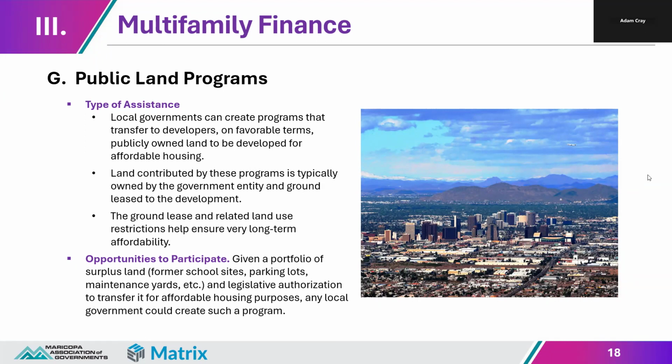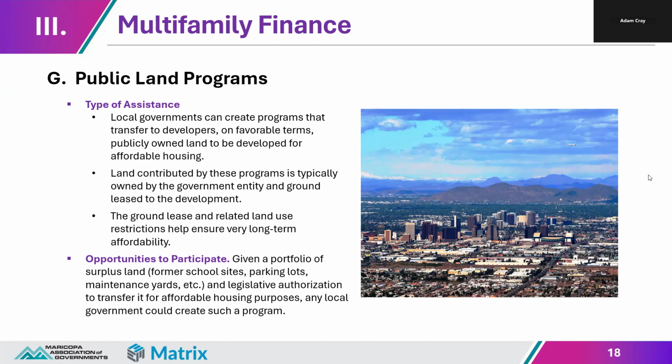Often, the way these programs work is that public land will be ground leased to the development, and the city will own the land in perpetuity. What it doesn't own typically is the improvements, particularly in the case of LIHTC deals, where you've got to have the LIHTC partnership owning the improvements so that you can get your tax credit equity.